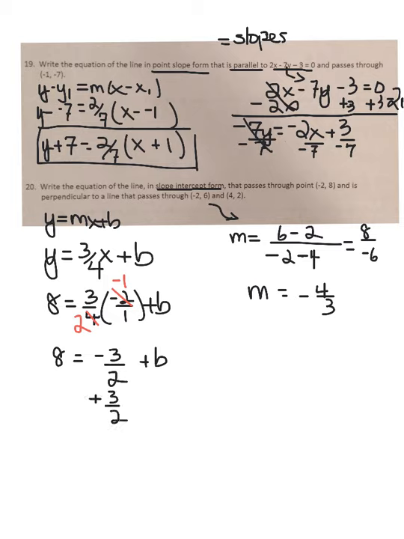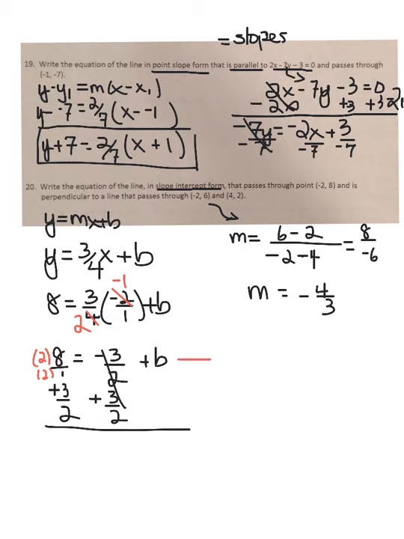Oh well. I'm going to add 3/2 over. Now remember, I'm going to need a common denominator right here. So this 8 is right now 8 over 1, but what I want to do is make it so that it has a denominator of 2. So I'm going to multiply this by 2, and I'm going to multiply this by 2. So that's really 16 over 2.